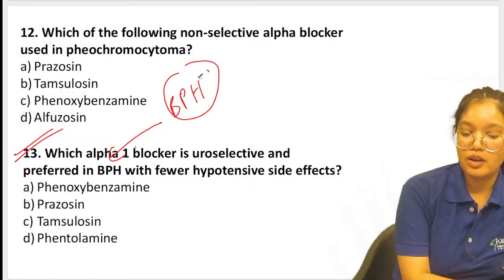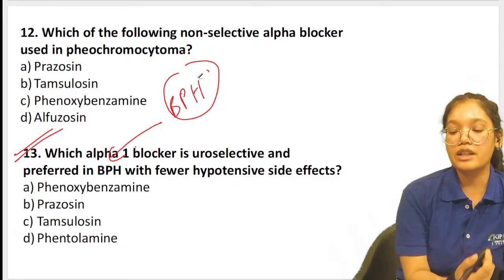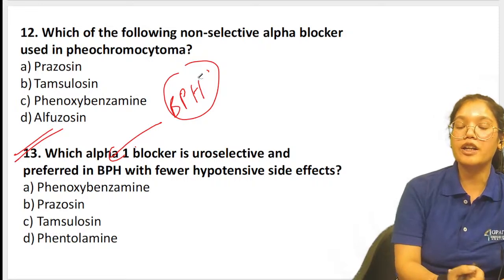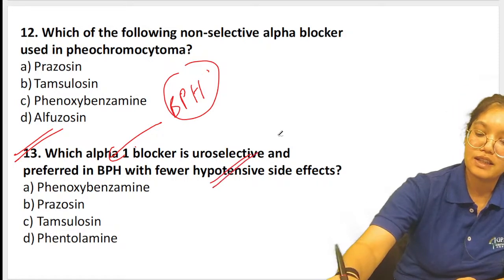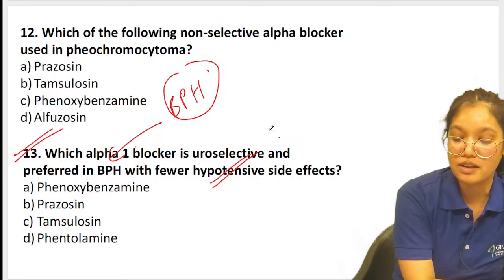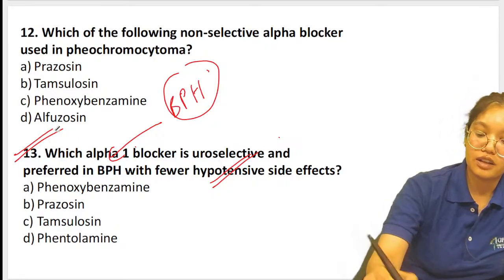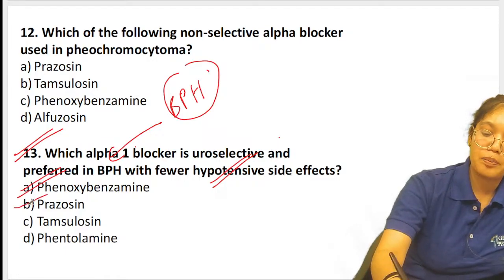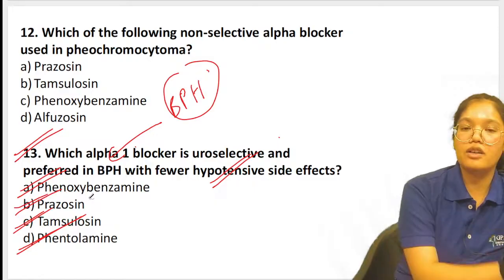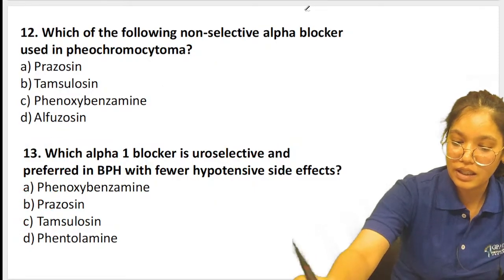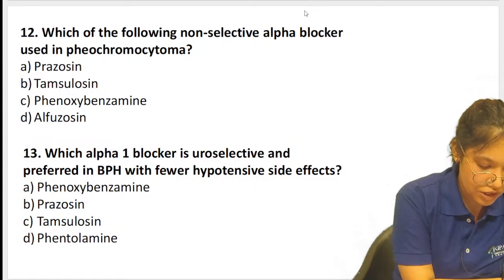Alpha 1 blocker that is uroselective and preferred in BPH with very few hypotensive side effects. Okay, what is that drug? The phenoxybenzamine, the prazosin, tamsulosin or the phentolamine. Which drug? The alpha-1 blocker drug. Which is that?